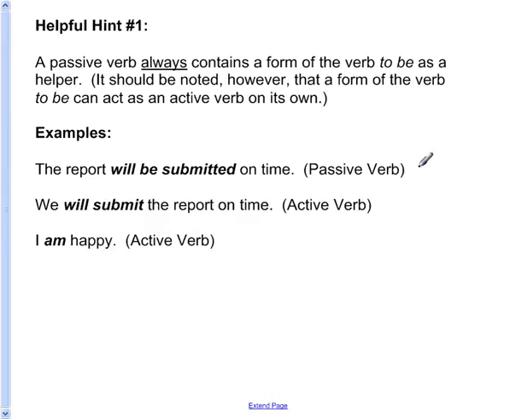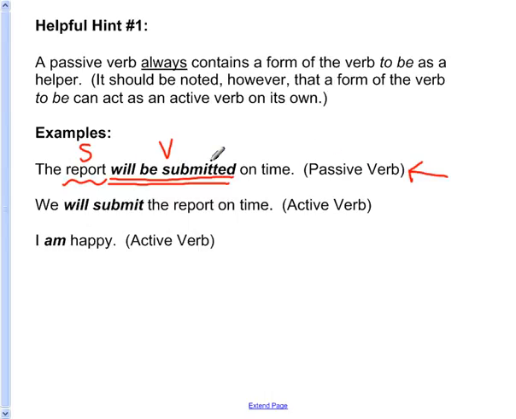Let's look at this example. The report will be submitted on time. Will be submitted is the main verb in this sentence, and the report is the subject. There's some submitting going on in this sentence. Is the subject doing the submitting? No, the report is not doing the submitting. So this is considered a passive verb.